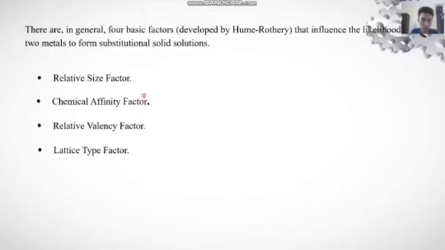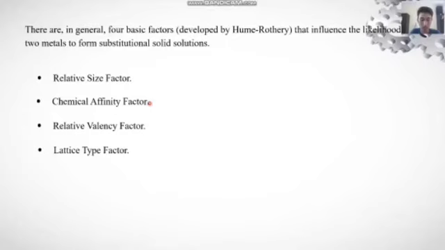If the size of the solute and solvent atoms differ by less than 15%, the metals are said to have a favorable size factor for solid solution formation. Each of the metals will be able to dissolve an appreciable amount of the other metal, on the order of 10% or more.